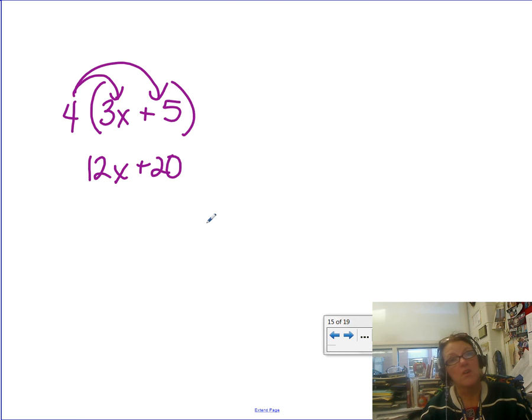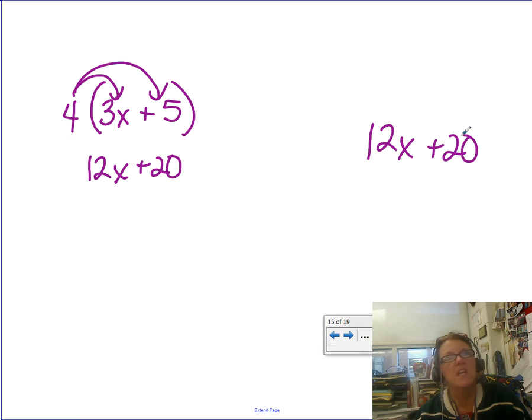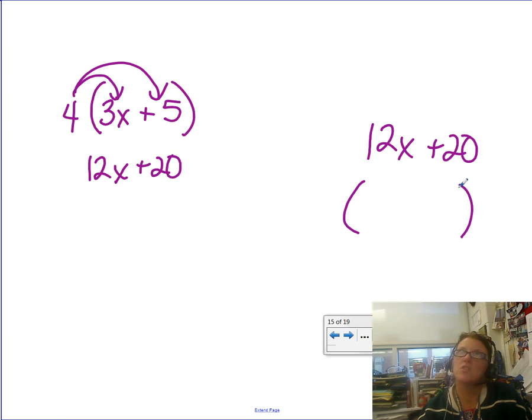You could also go backwards. If I gave you 12x plus 20 and I said, what do these guys share as a common factor? You'd say, well, the 12 and the 20, they share a 2. They both share a 4. 4 times what would give you 12x?